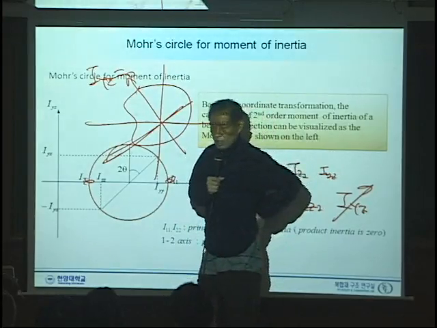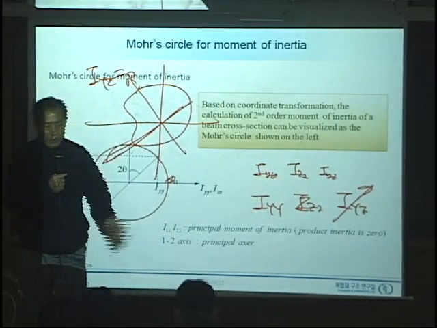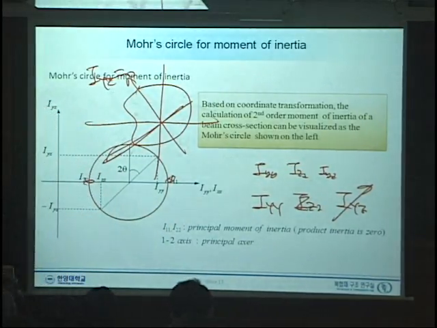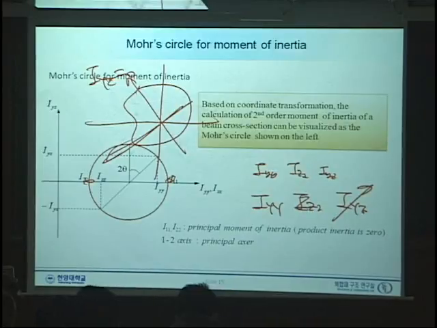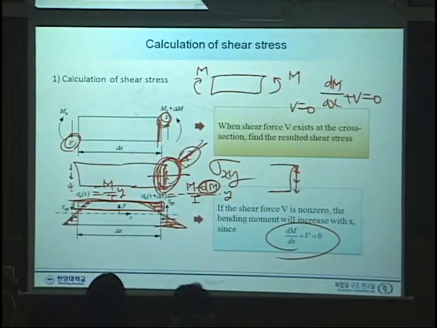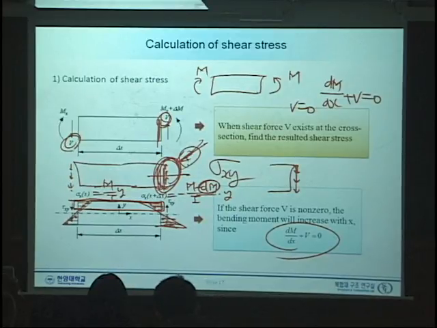And as you will see, the principal axis is also important in derivation of the bending stress in a beam with arbitrary cross sections. Anyhow, next, we calculate bending stress.